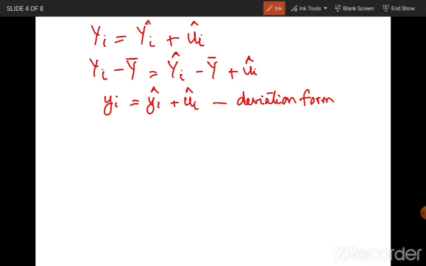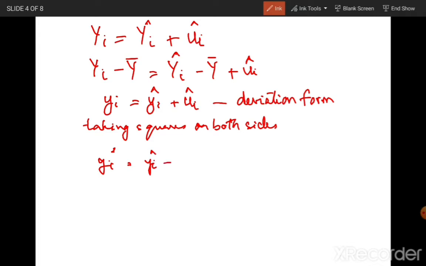So I need to get the term square on the deviation. To do that, I am taking squares on both sides. That's yi square is equal to yi hat plus ui hat whole square.